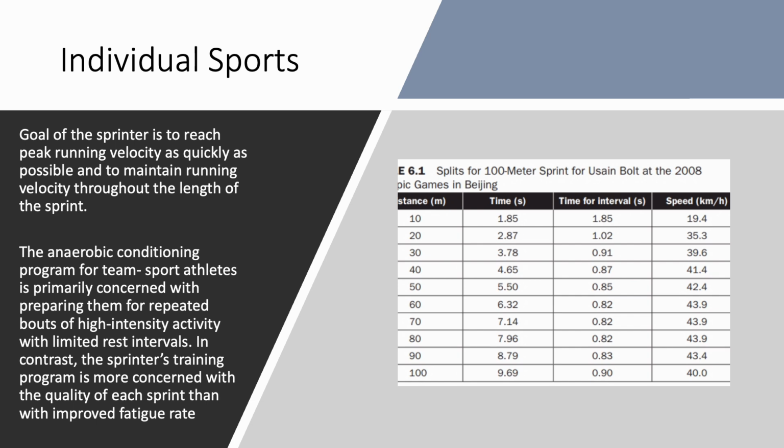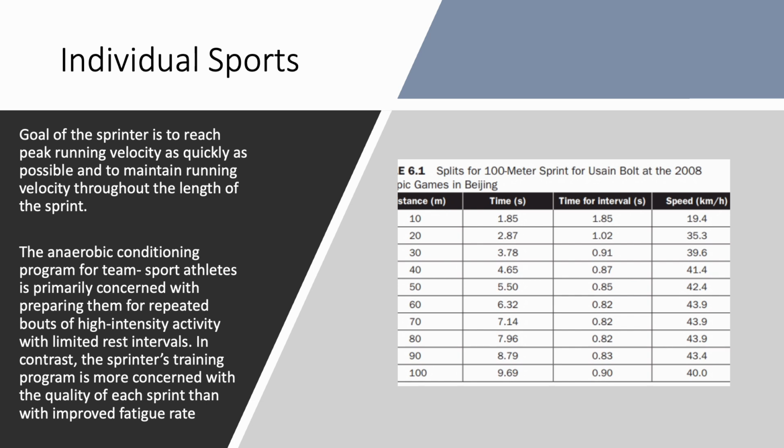The goal of a sprinter is to reach peak running velocity as quickly as possible and to maintain that running velocity throughout the length of the sprint. Think of Usain Bolt. The ultimate goal for our sprinters is to slow down at the slowest rate, meaning you want to maintain your running velocity for as long as you can.